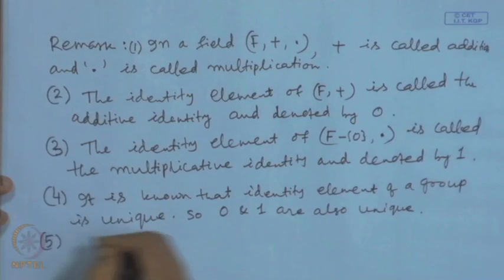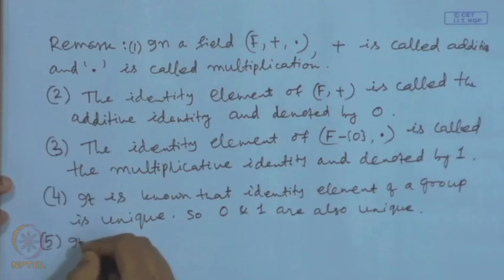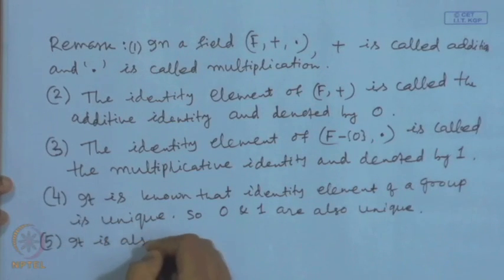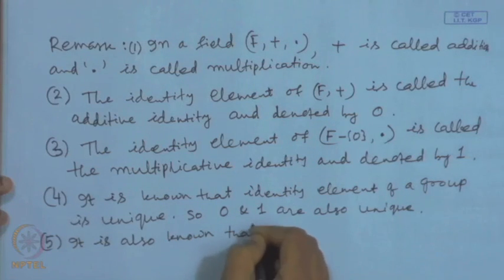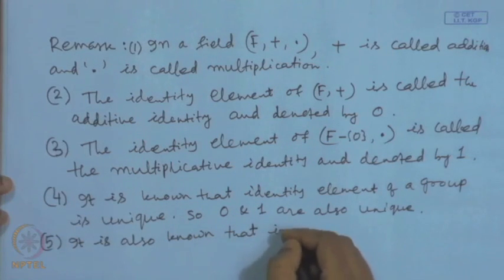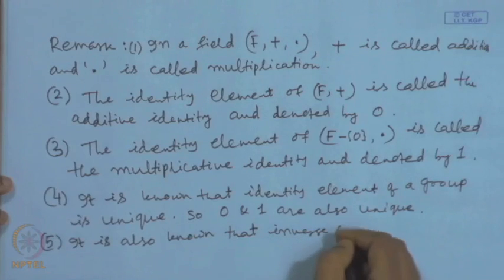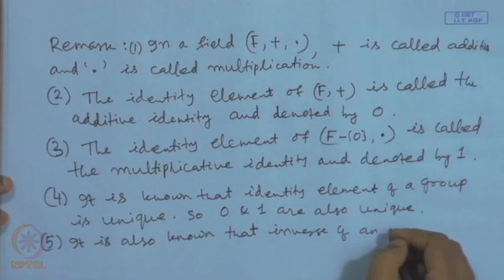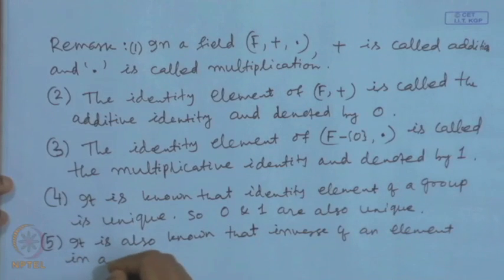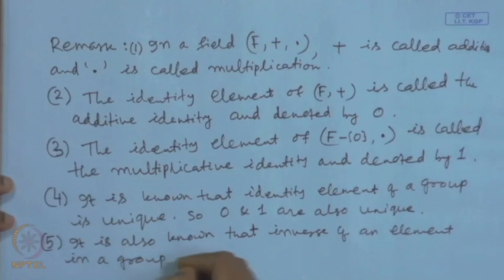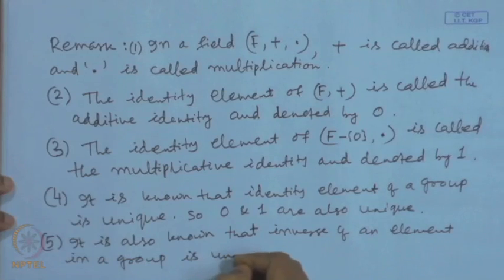So, the fifth observation is like this. It is also known that the inverse of an element in a group is unique.